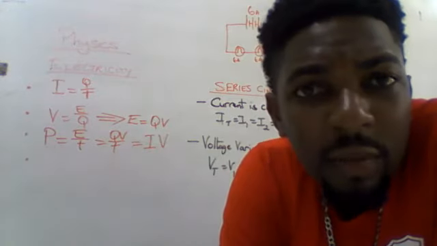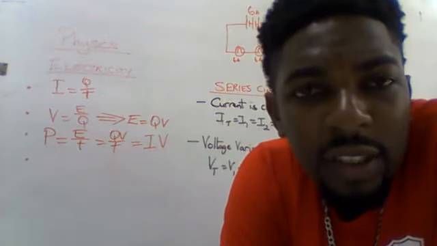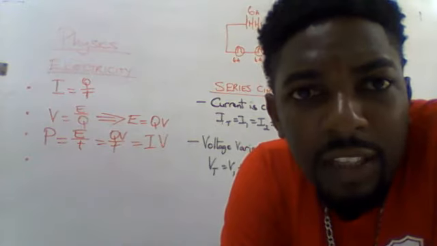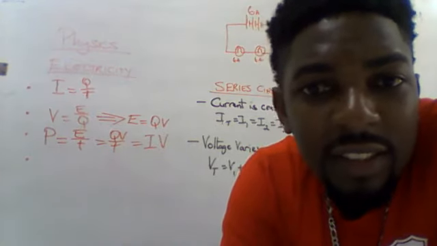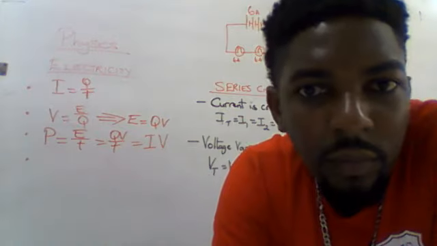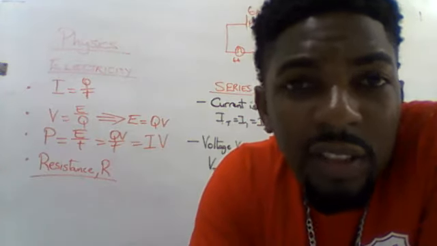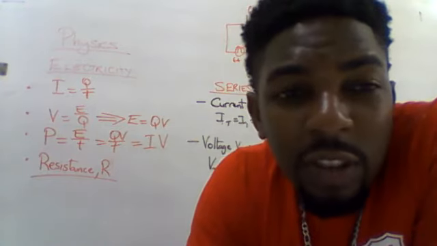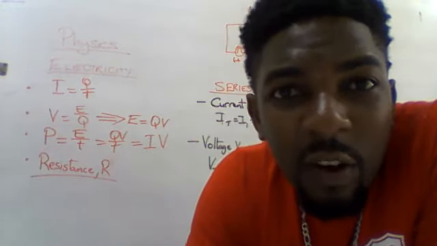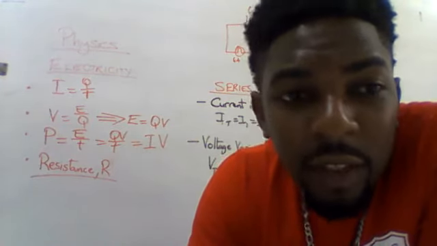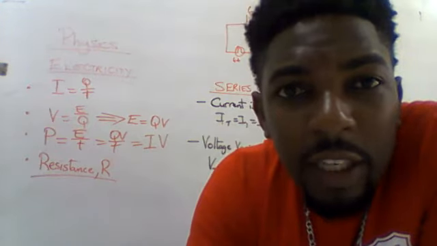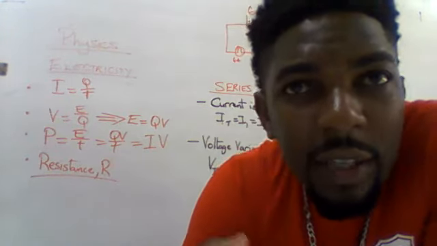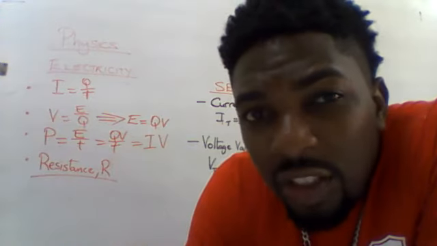Now, the next term that I must quickly introduce to you is the term known as resistance. Right, so the term resistance sounds more like when you're talking about resisting to do something or a bit of friction. Good, so in this case, we want to understand that electric current is the movement of electrical charge.